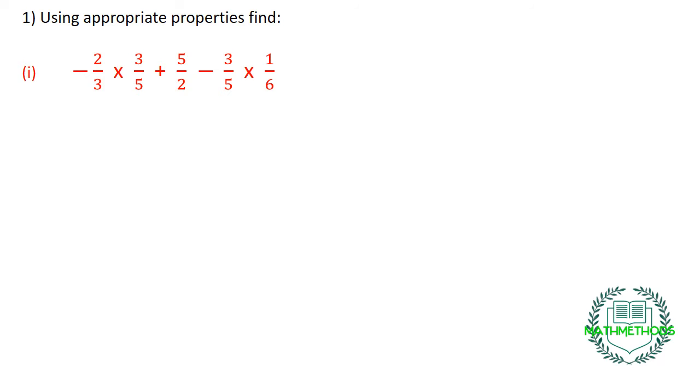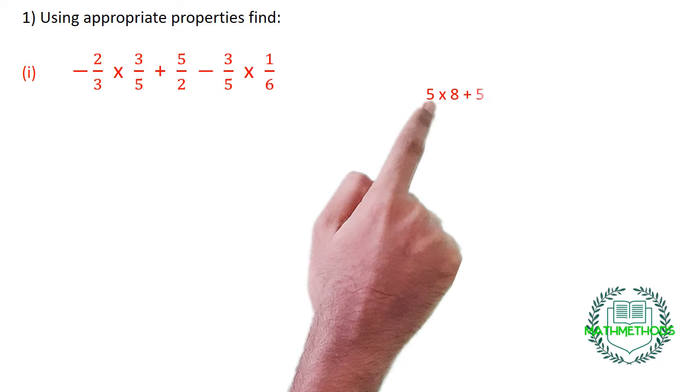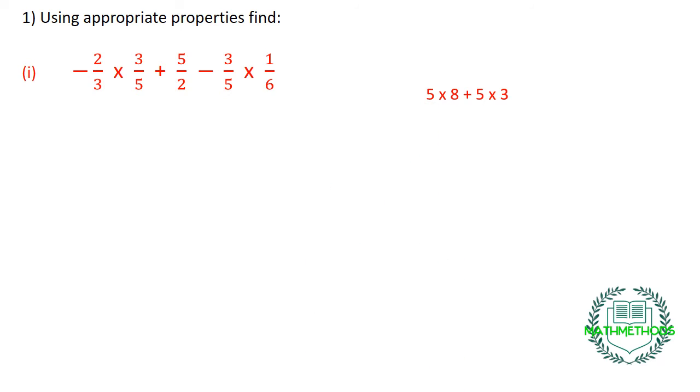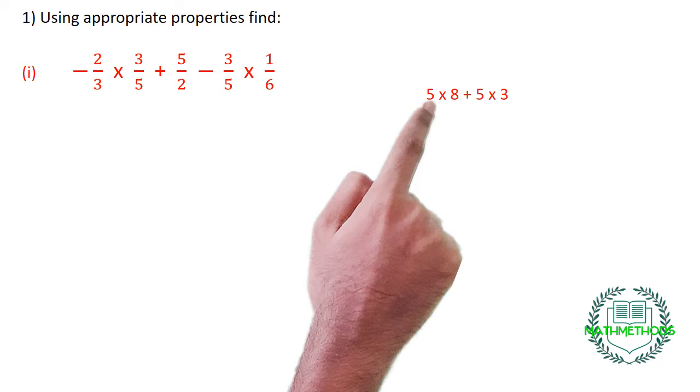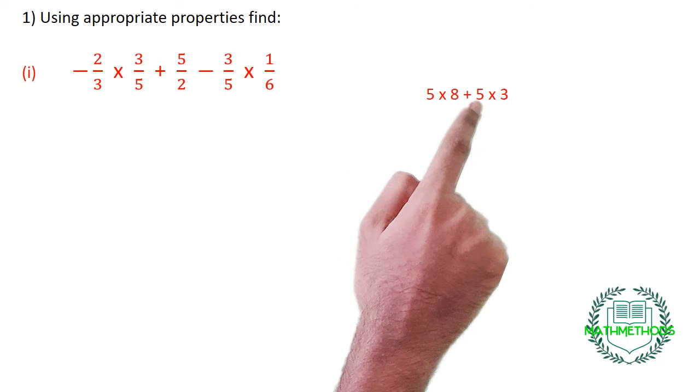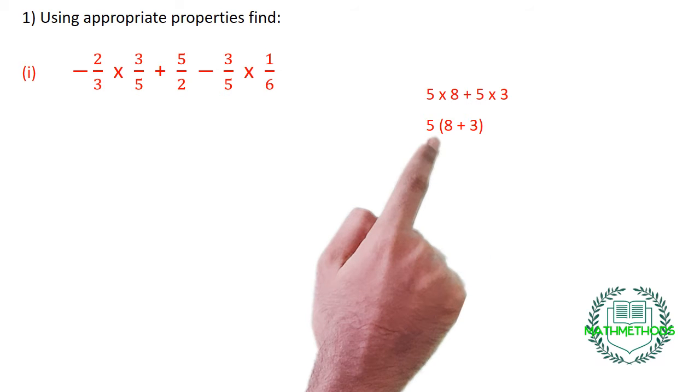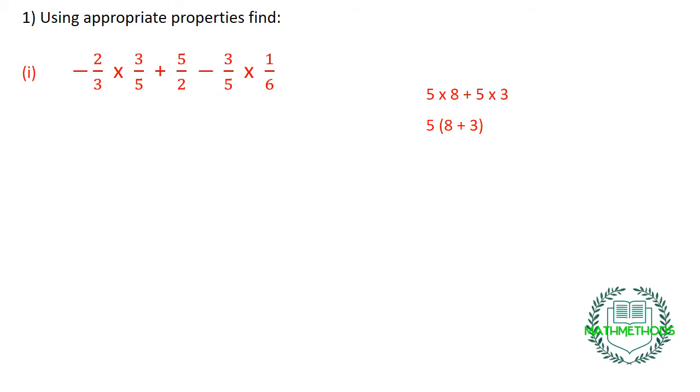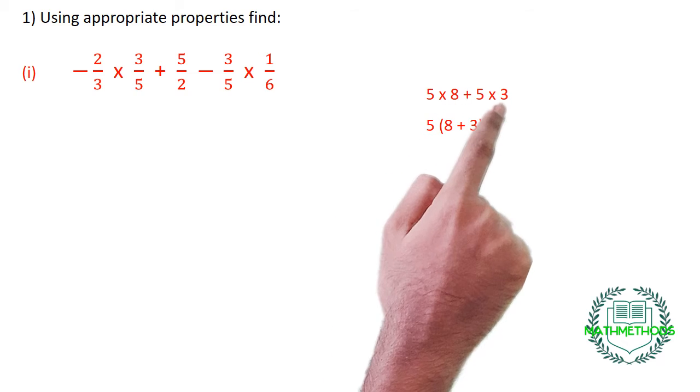Let me give you a brief idea of what is distributivity property. Take this example, 5 multiplied by 8 plus 5 multiplied by 3. Instead of solving 5 multiplied by 8 and 5 multiplied by 3 separately, we can take this 5 as common, and into the bracket we'll have 8 plus 3.